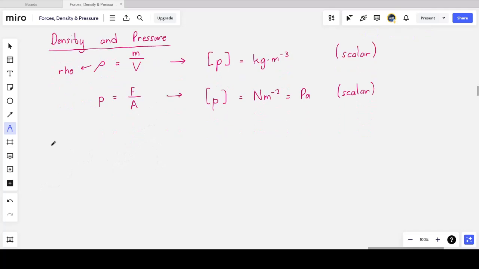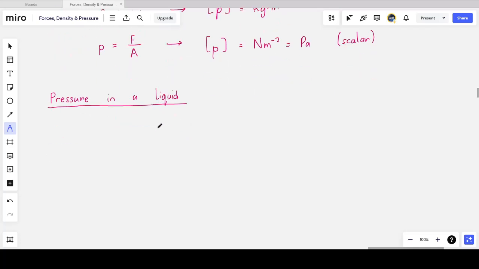But what about if I take it one step further? So why are we learning about density and pressure? It's because we really want to talk about the pressure in a liquid, which is sometimes called hydrostatic pressure, or simply liquid pressure. Liquid pressure is a lot easier way to call it. So let's actually test what a pressure looks like.